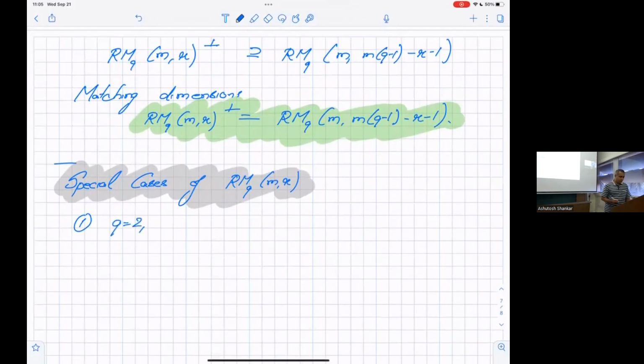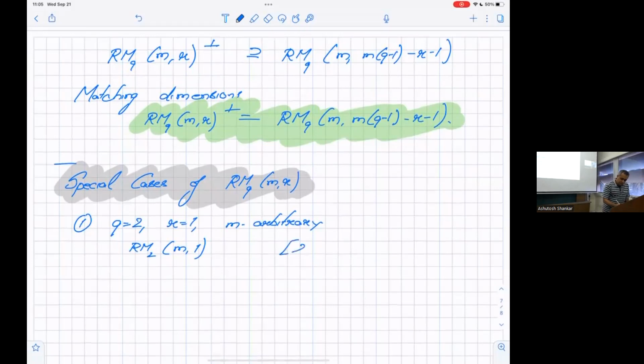I'm going to take the field GF(2), r being 1, and m arbitrary. I'm looking at RM(2, m, 1). What am I doing? I'm basically looking at the evaluation of all linear polynomials over the entire space {0,1}^m. What do we know of this code?